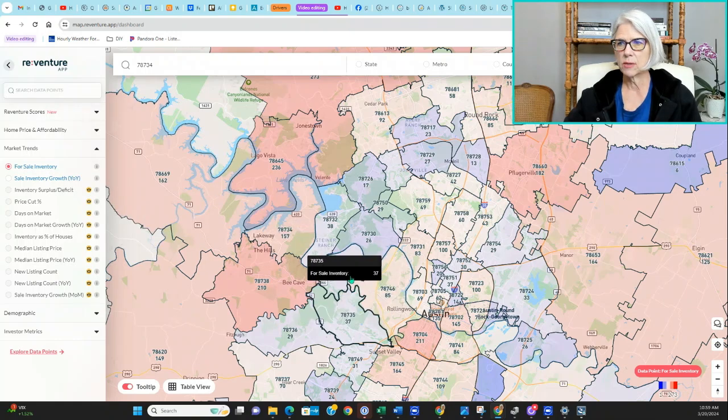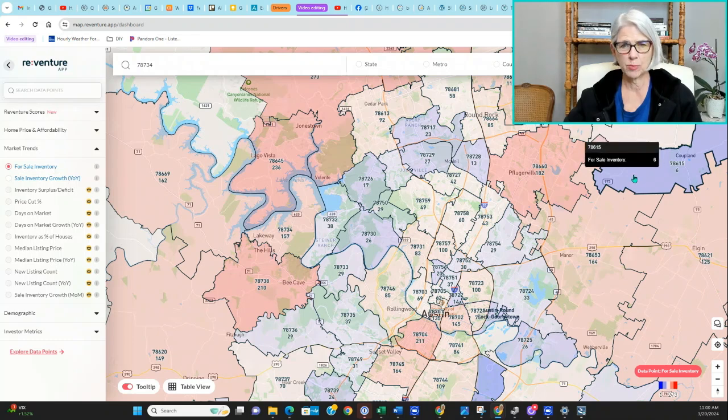And then if we look at some of the other areas, the purple have fewer properties for sale. For example, this area way outside of Austin, northeast Austin, only has 6 properties for sale. But having said that, there is a lot of farmland, so it would make sense that there are not a lot of properties for sale.